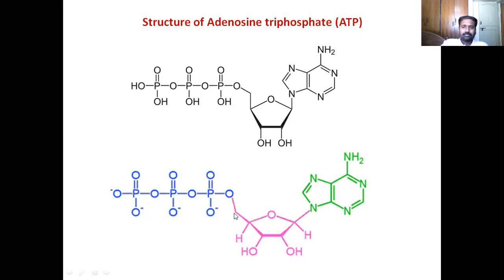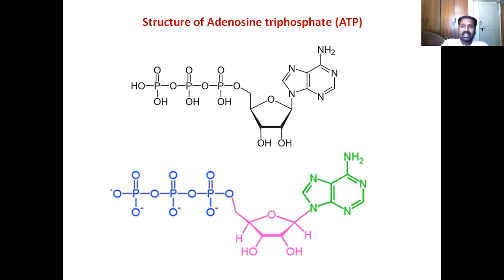Now, the first carbon atom is attached to a nitrogenous base. The fifth carbon atom is attached to phosphate groups. And the second and third carbon atoms carry hydroxyl groups. Okay, so this is what a ribose sugar is. Now, what is the structure of the nitrogenous base?